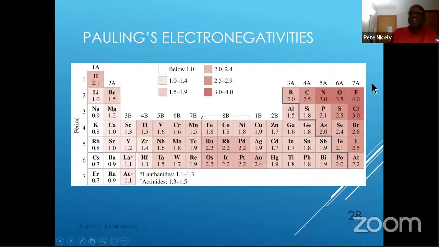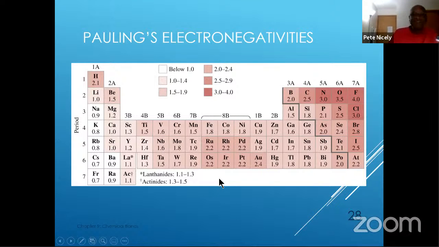And you'll notice that of all the elements, fluorine has the highest electronegativity value, which is 4.0, while boron has the lowest, I'm sorry, not boron, lithium. No, actually francium has the lowest electronegativity value, all right? Okay, so that's basically a summary of the electronegativity values of different elements.